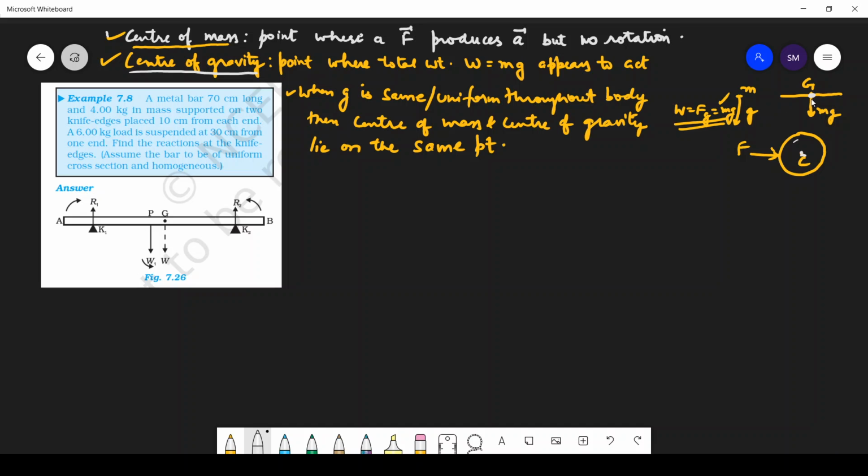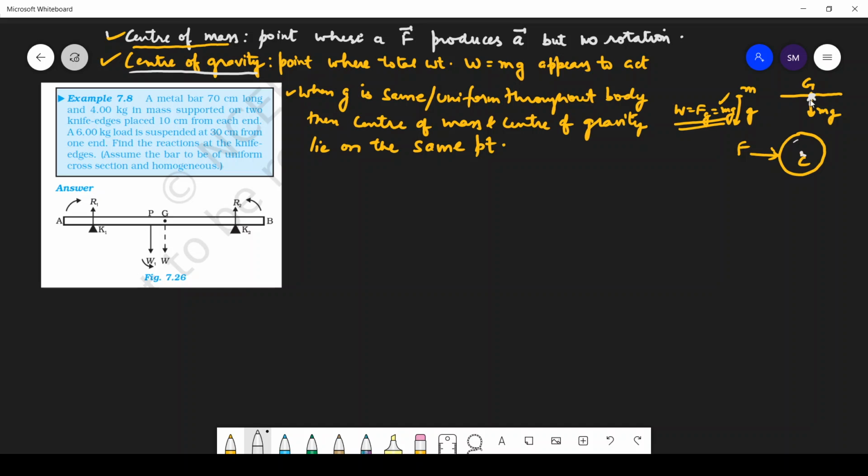So if you want to hold this body, if you want to balance this body, you need to apply an equal and opposite force to its weight, so then it will be balanced at this point.